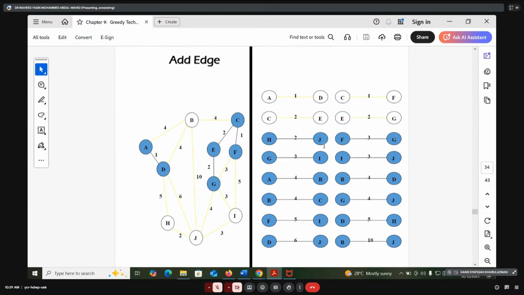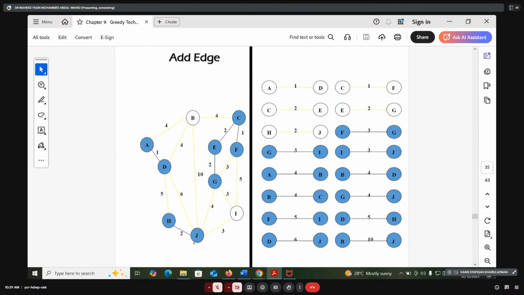I have 2, HJ 2. So now I start selecting edges according to the weight value. So here I start with 1, 1, then 2, 2, then 2, and now the 3, ascending order.